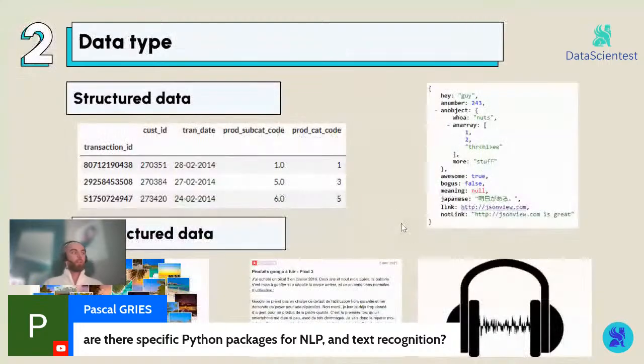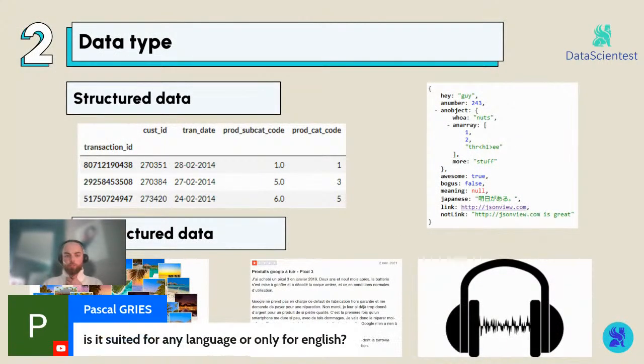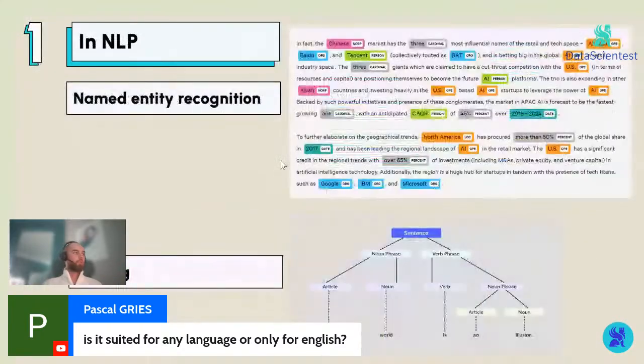And yeah, there is a question on the chat. Is it suited for any language or only for English? It was for the packages for text manipulation and some prediction. It's a good question. Maybe let me go back to this slide. It really depends.